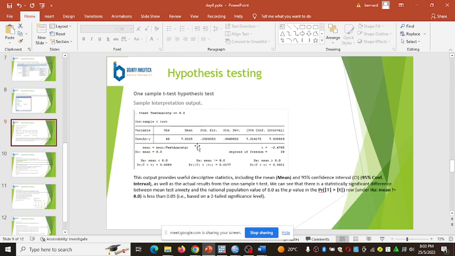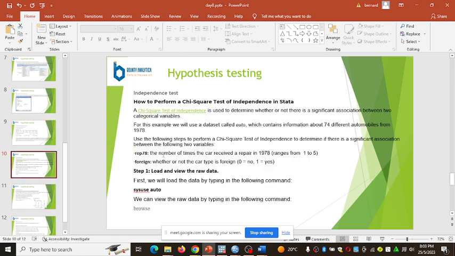So for this one here, the p-value is less than 0.05, so we reject this one and conclude that the mean is not equal to 8. Yeah, that is it.